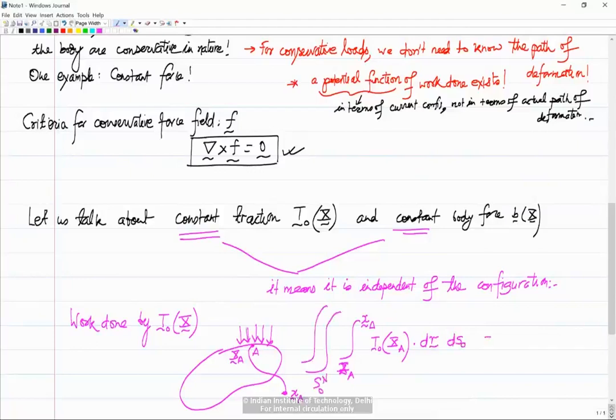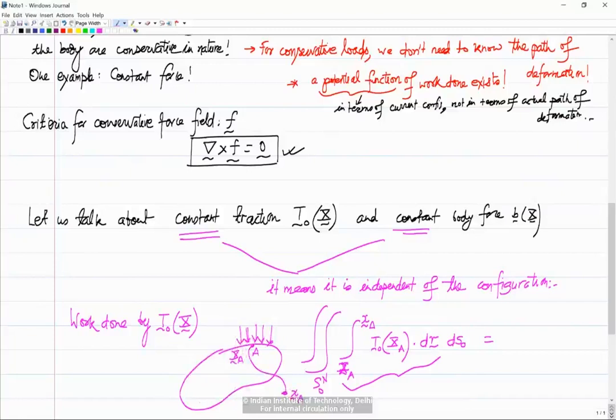Okay, and you see this thing over here, because T naught is independent of configuration of the body. So as the body deforms from big X a to small x a, the traction T naught at a is not changing. That's what I mean when I say it is constant.